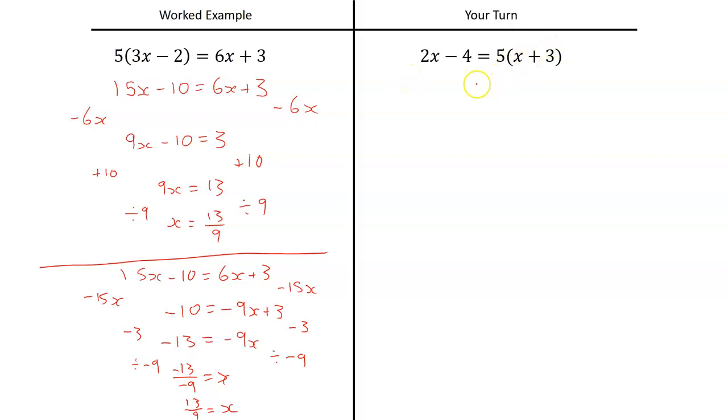So we don't like having the brackets there, so we start by expanding. I've got 5x and 2x, so I'm going to choose to subtract 2x from both sides. This is a negative 4. Make sure we know that.